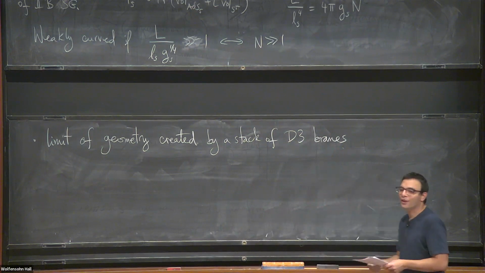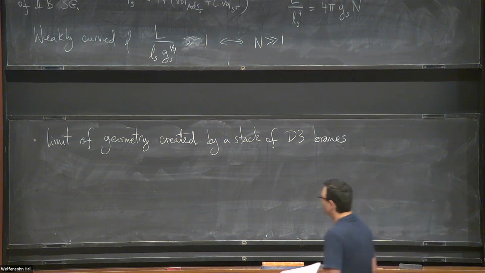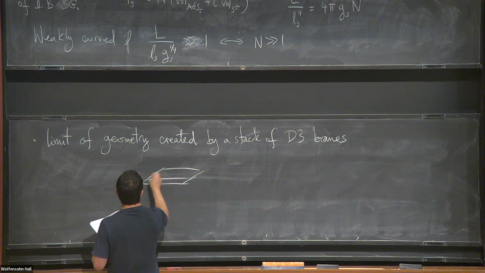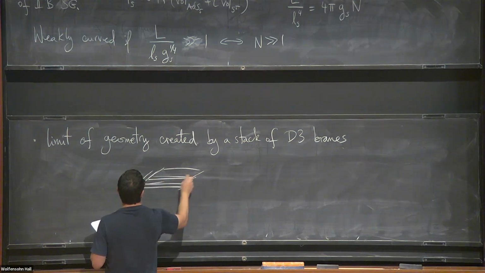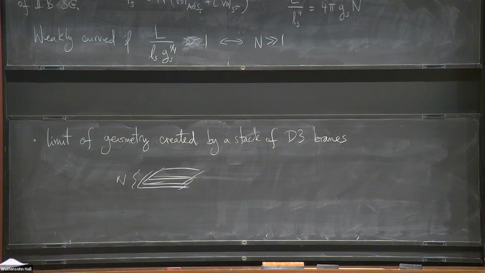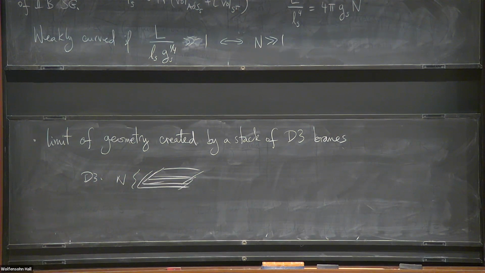String theory has strings, but it also has branes, and D-branes are hypersurfaces. You can think of them as hypersurfaces on which strings can end, and they're very heavy objects. So the idea is that we can have a stack of N of them, and because they're heavy, D3s curve spacetime around them.